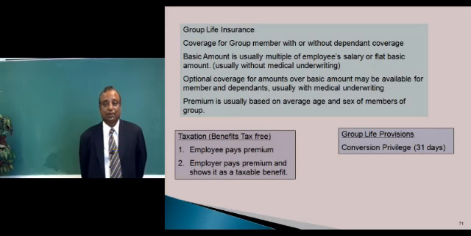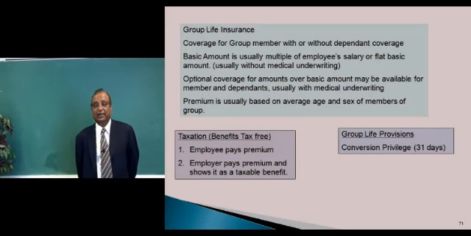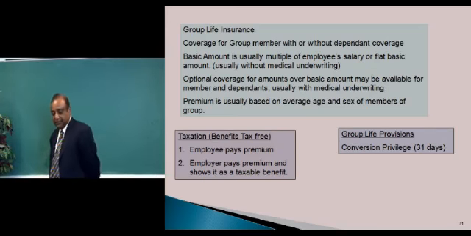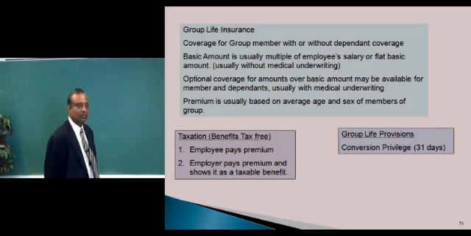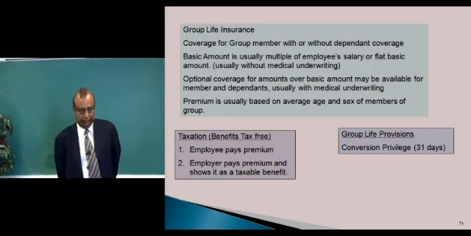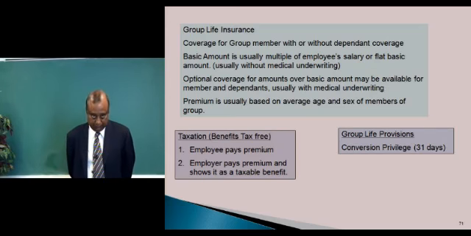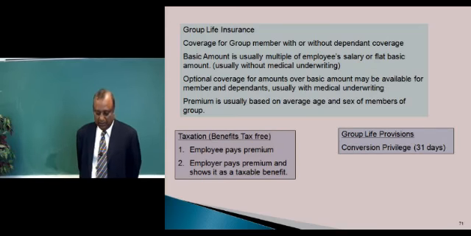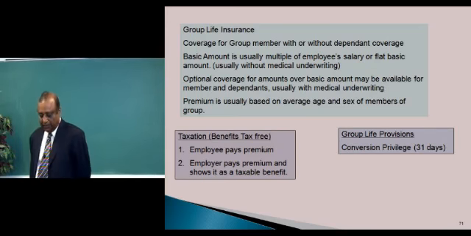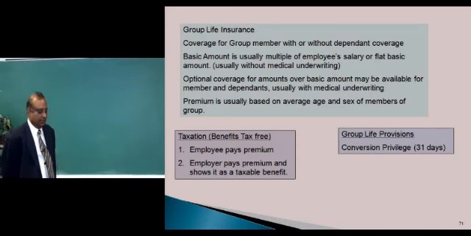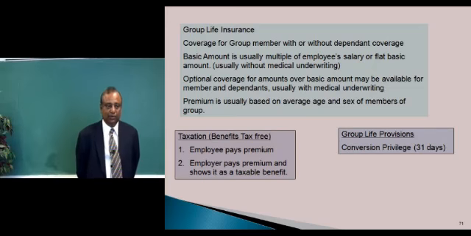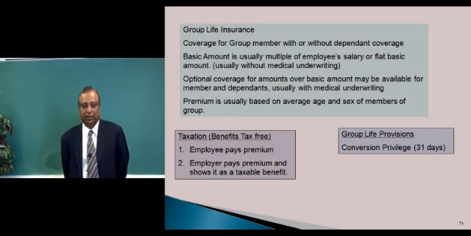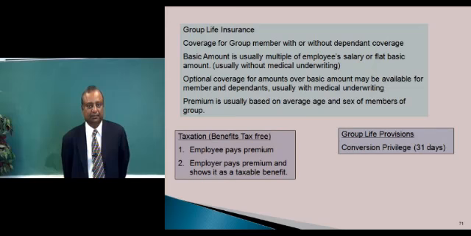The premium for a group plan is based on the average age and sex of the members. So everybody in the group plan is paying the same rate per $1,000 of coverage. Now it comes with a conversion privilege, which means if the member quits a plan, say he is leaving his employment, he can convert his group plan to an individual plan within 31 days of quitting the plan.